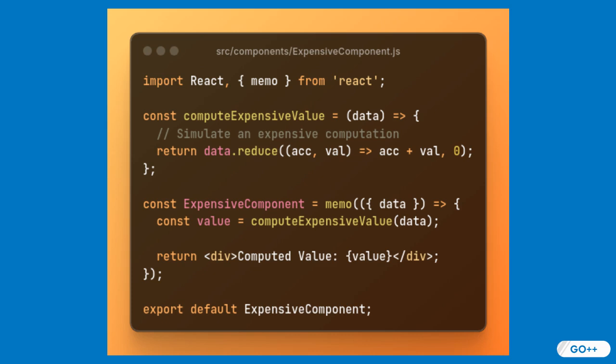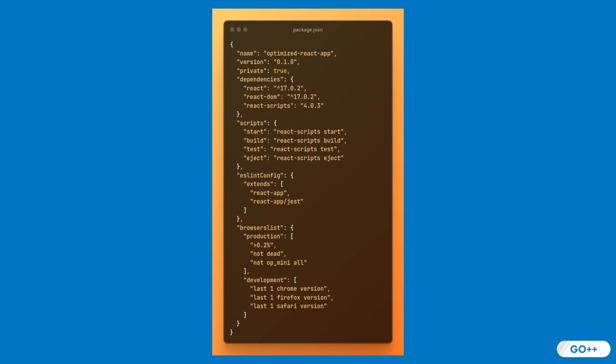This file demonstrates the use of React.memo for preventing unnecessary re-renders and contains logic for computing values that might be performance-intensive. Let's conclude this section by looking at the package.json file, which includes necessary dependencies and scripts to run our React application. This file is essential for configuring our project's environment and dependencies.